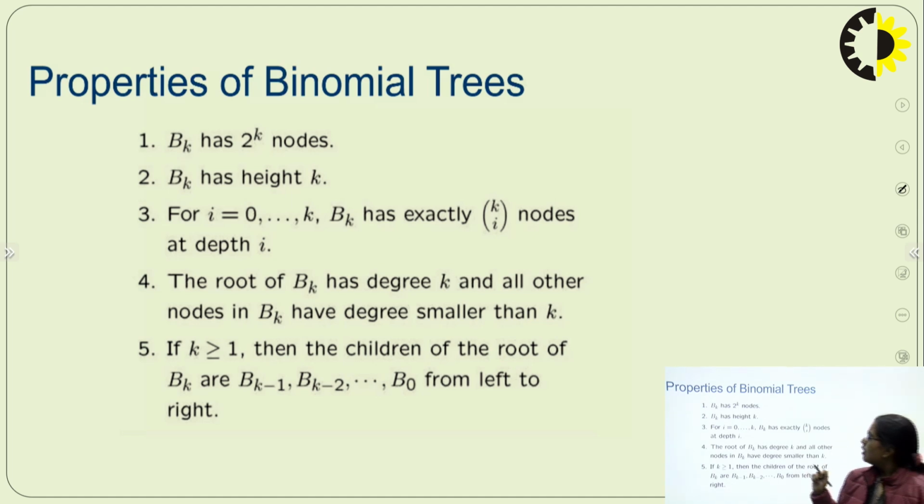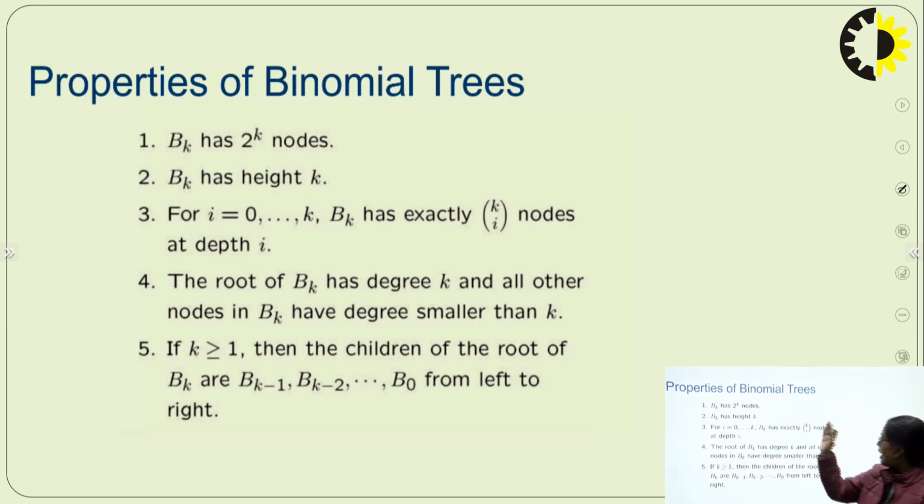The second one: every Bk tree has height k. Third, for the ith depth from 0 to k, Bk has exactly k choose i nodes at the ith depth.